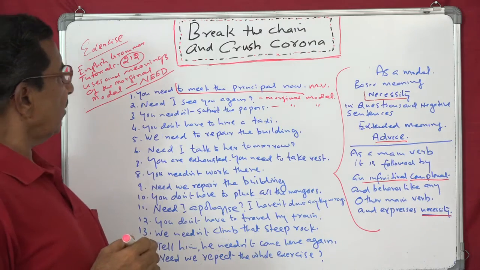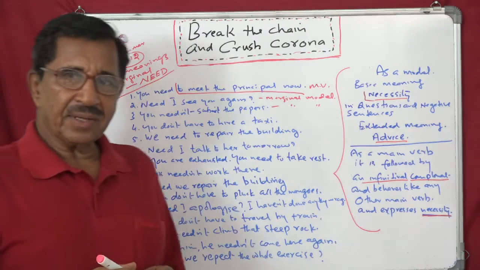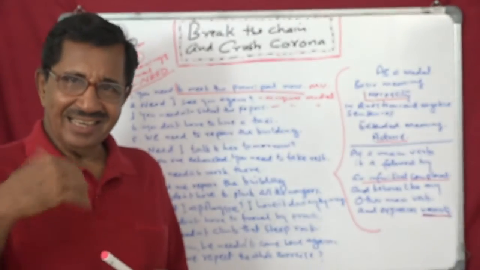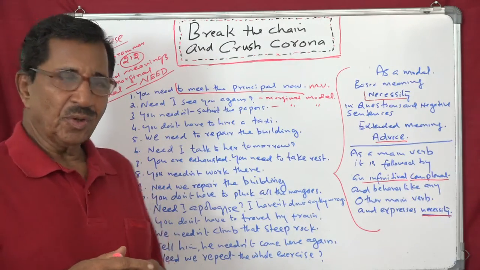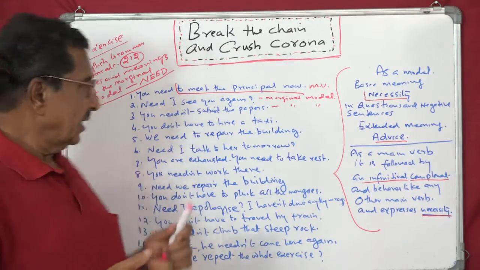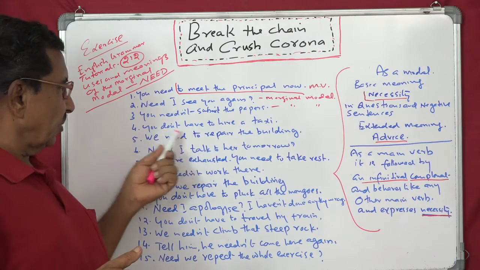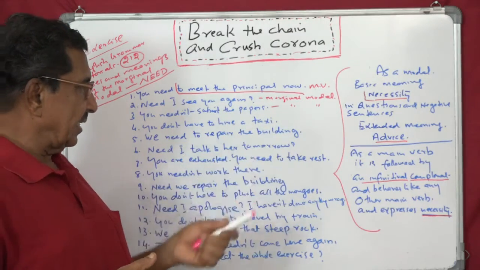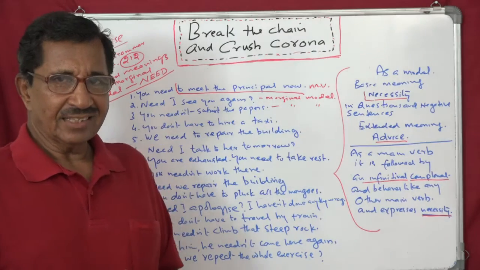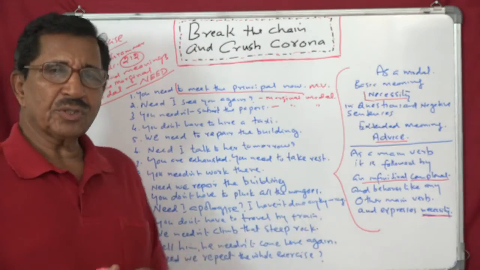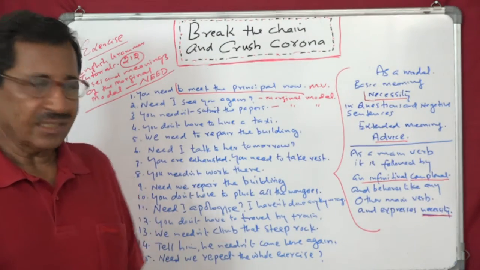Next, you don't have to hire a taxi. That is the American way of negating need. Americans don't want to say, you needn't hire a taxi. The British way of saying this will be, you needn't hire a taxi. But the Americans say, you don't have to hire a taxi. That is used as a main verb and it is necessity.